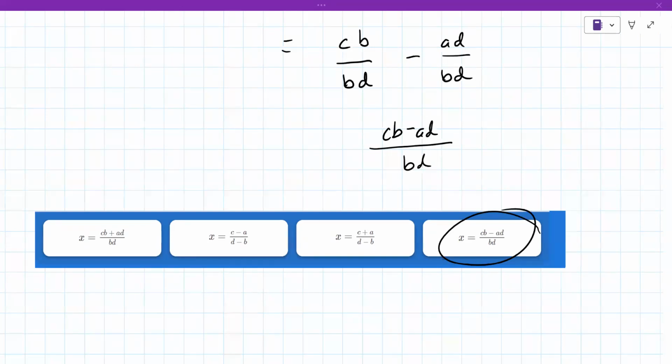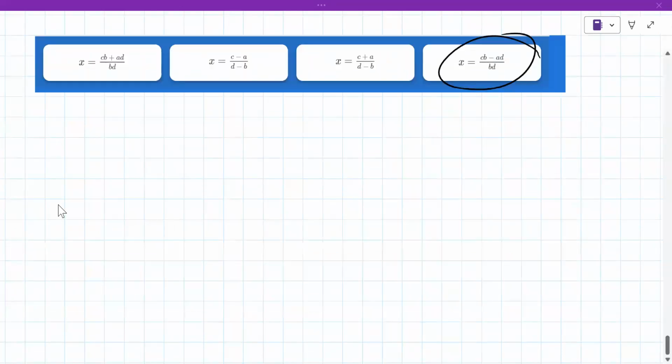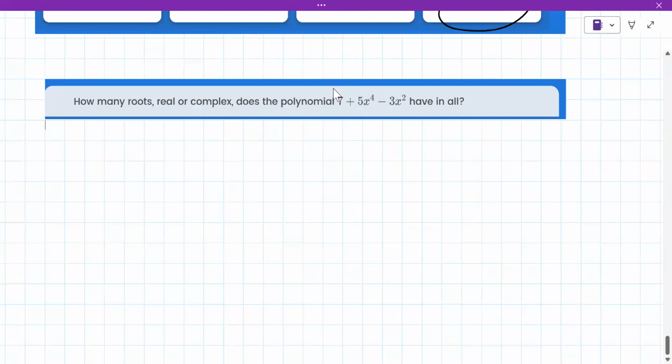All right, so here's what I want you to do for the next one. I want you to graph this polynomial. Go ahead and graph it, and then I'll ask you some questions about it.